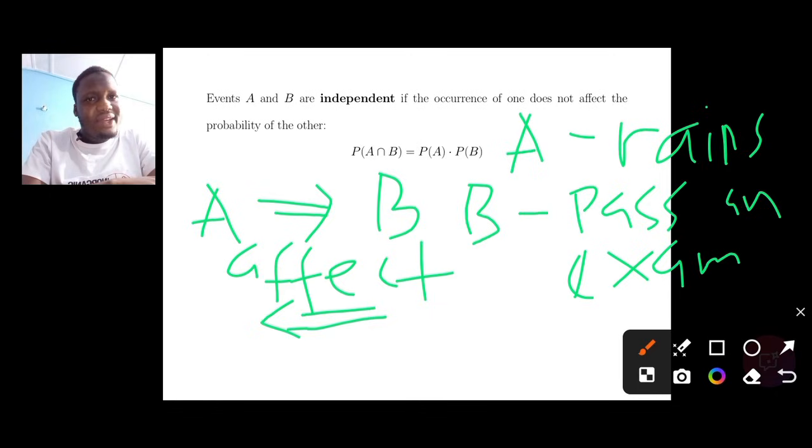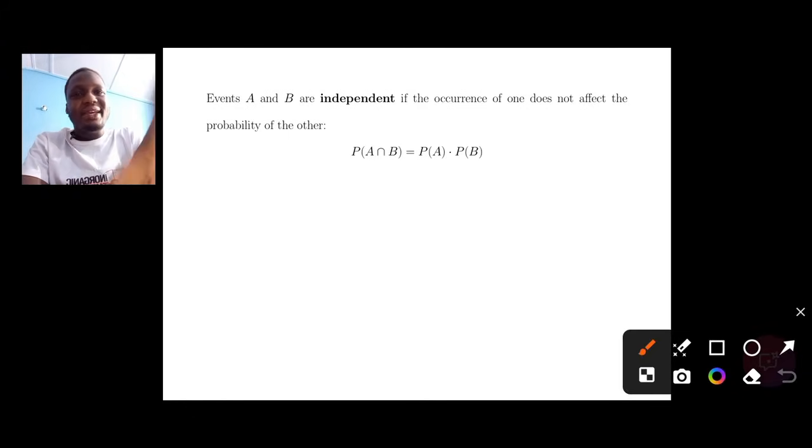Do you think they have any connection? It's looking like they want to have a connection. So maybe let me use a better example. But why will raining cause you to pass or fail an exam? Okay, but well, let me give another practical example.